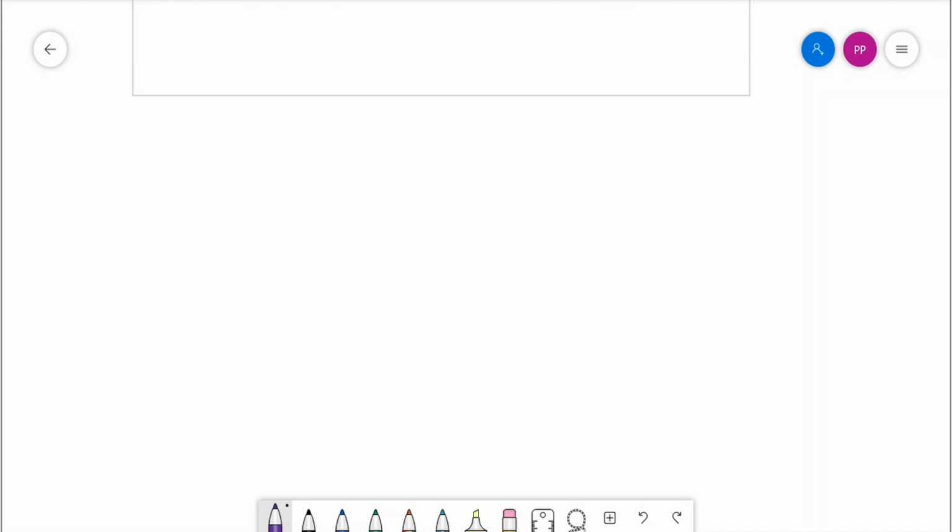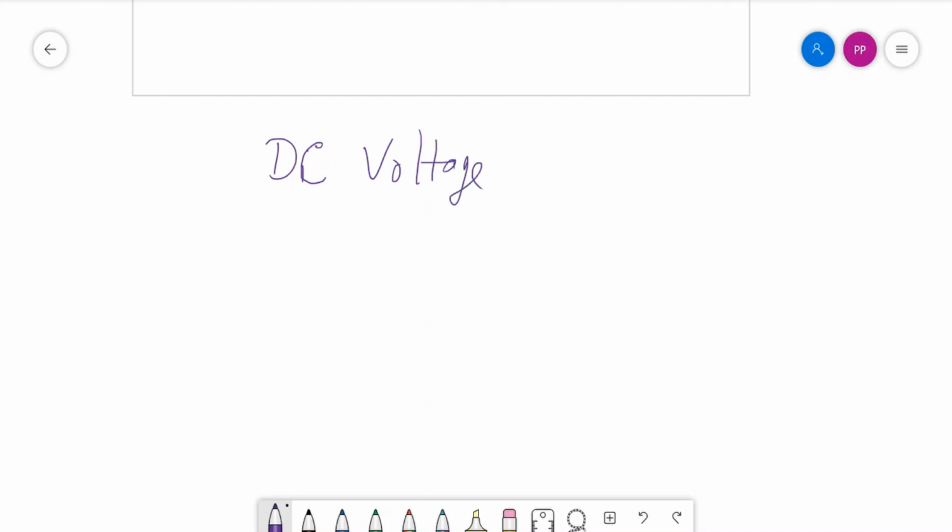We shall start learning about DC voltage measurement using a block diagram of DC voltmeter. So let us draw the block diagram for DC voltmeter.